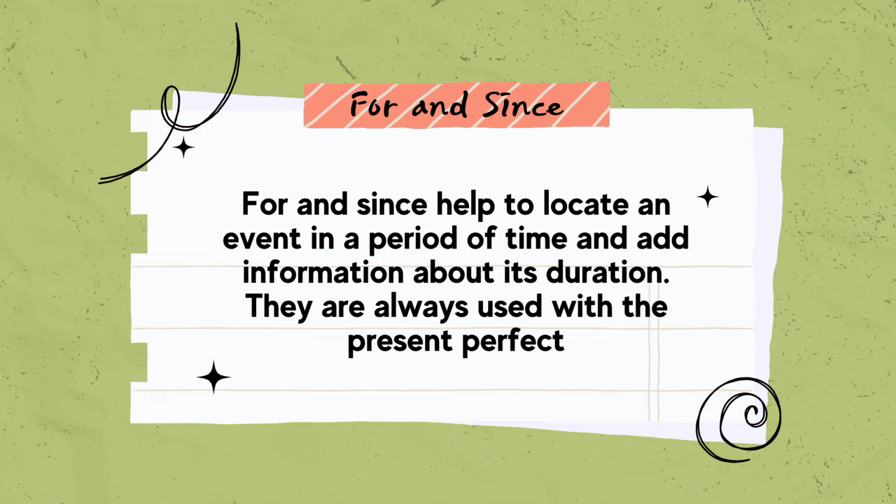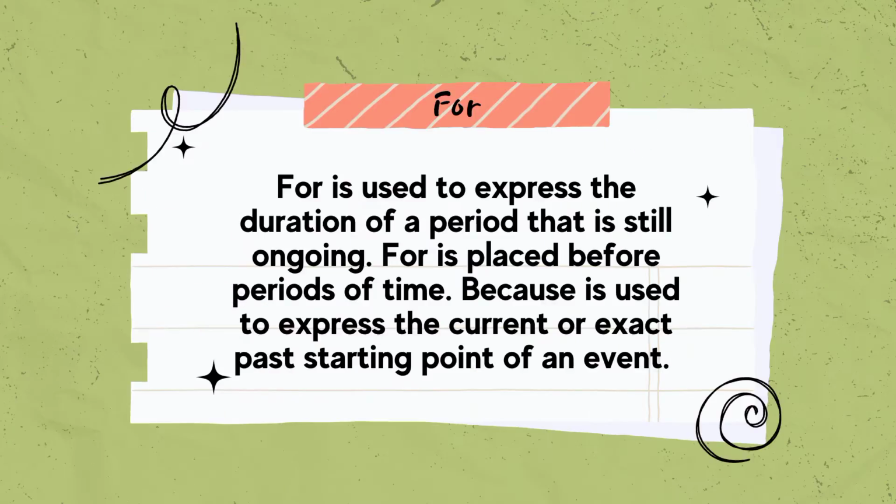For and since help to locate an event in a period of time and add information about its duration. They are always used with the present perfect. For is used to express the duration of a period that is still ongoing.